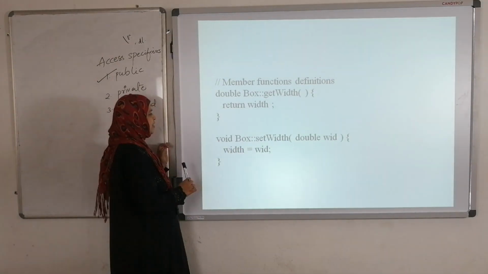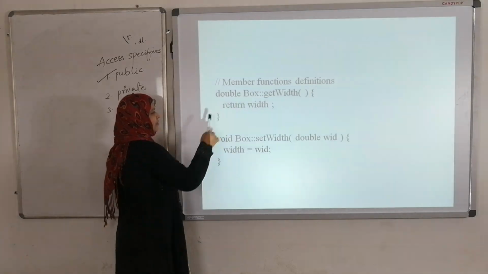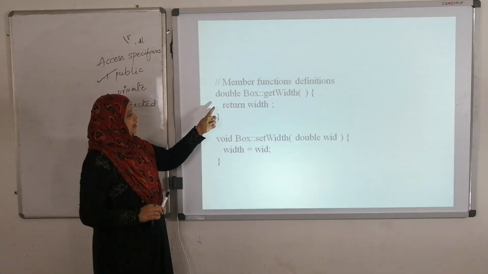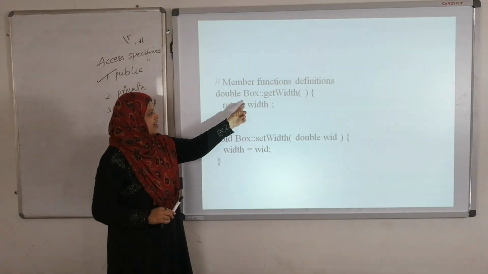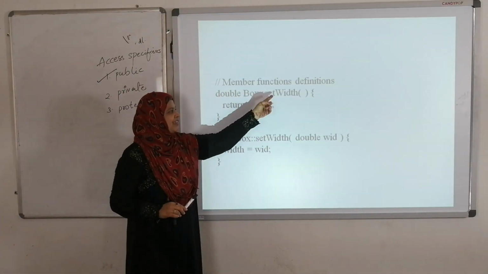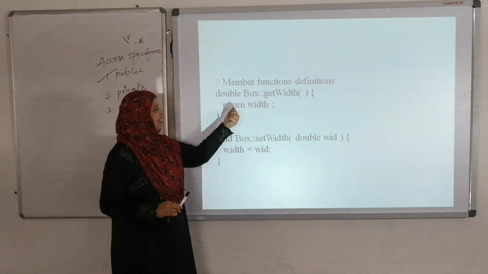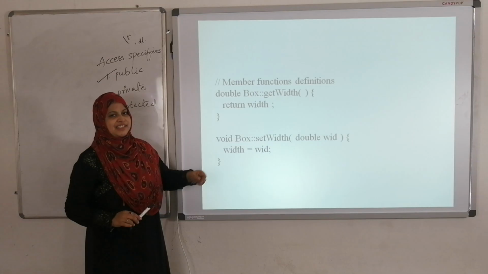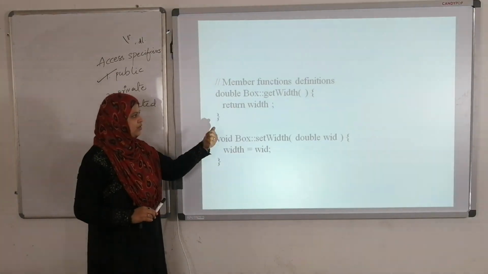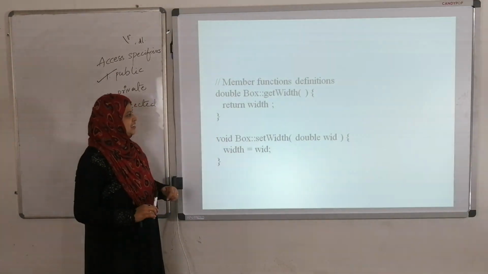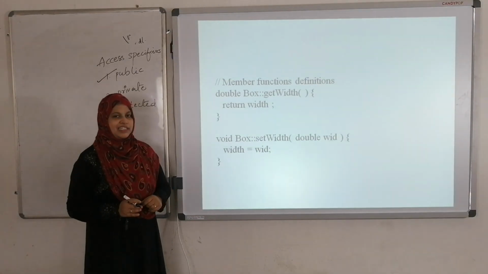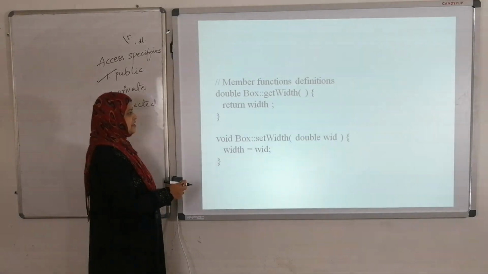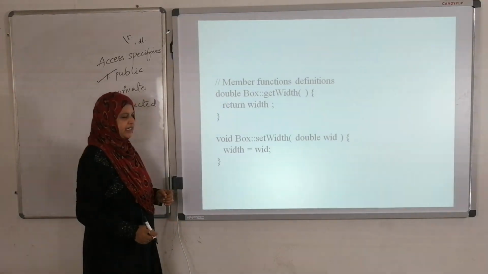Now the getWidth function: its return type is double, followed by the class name Box, the scope resolution operator, then the function name getWidth, and then we return the width value. These two functions are declared in the class, so outside the class declaration we define them by using the scope resolution operator.